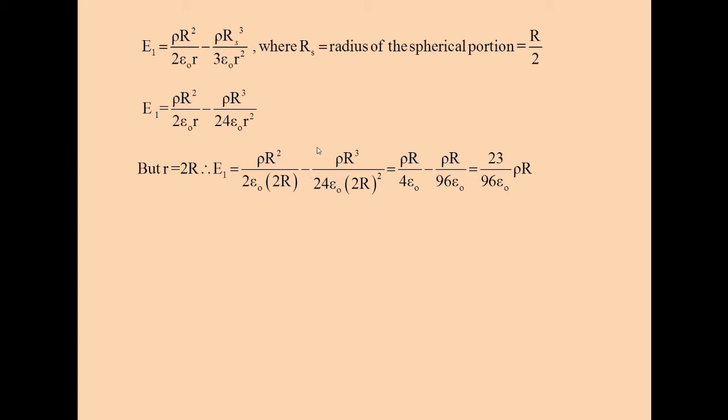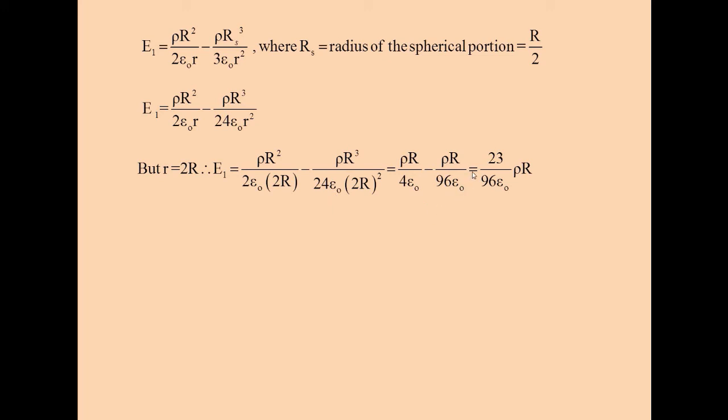Then coming to this term, this minus of course has been written there. Then rho R cube by 24 epsilon naught, 2R the whole square. In this, R squared will be there, R cube is there, so you can cancel R squared with this R cube in the numerator. So there remains one R in the numerator. This rho as it is. Then when you square it, you will get 4. This 4 into 24 is 96.